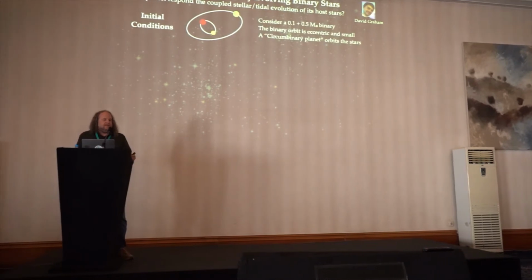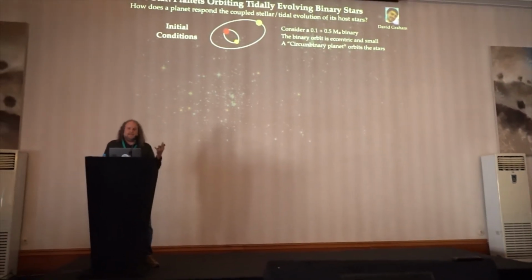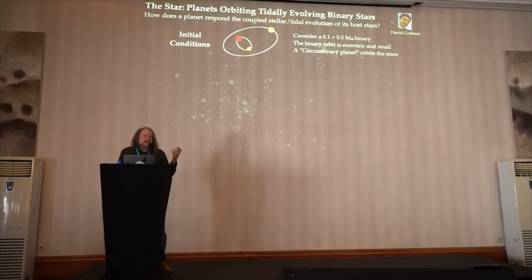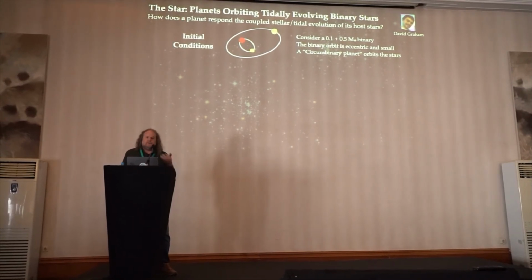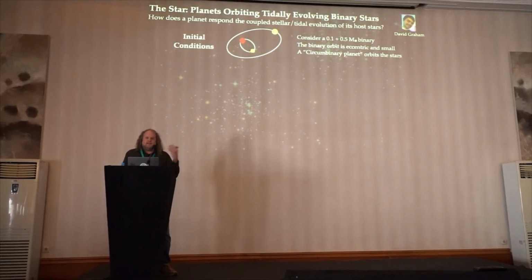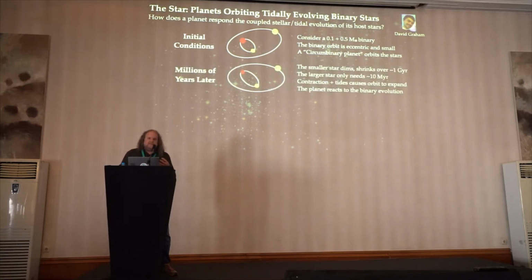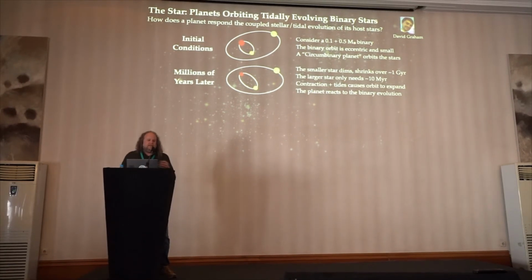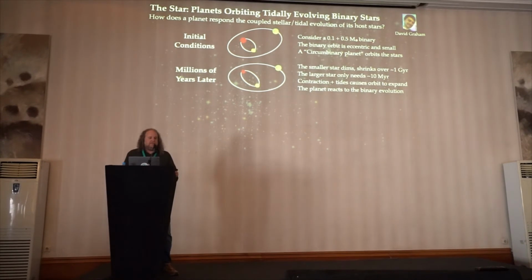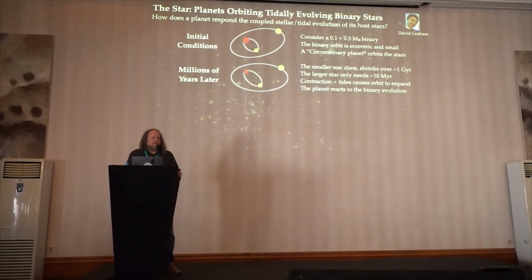So what you should have in mind here is that initially there's this eccentric binary star. We're going to consider a 1/10 solar mass and a 1/2 solar mass star, and the circumbinary planet is orbiting them. It turns out when you work through the physics of this that the binary star's orbit actually expands and becomes more circular due to this complicated dance between the tidal torque, the stellar evolution, and the magnetic braking, causing the circumbinary planet's orbit to react.